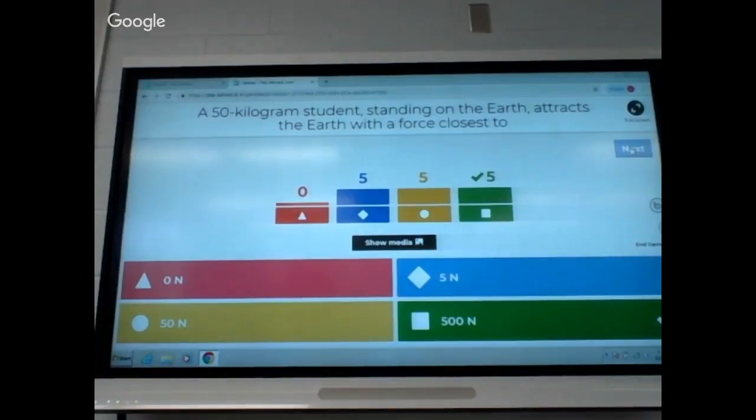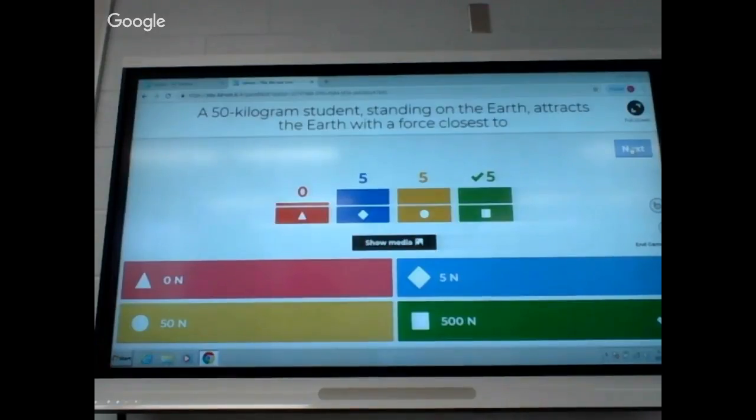Now, when you look at this question, where do you suppose I got that question? Or why it's in the Kahoot game? All the worksheets. It's going to be on the test. So how do you find the answer? Multiply 50 times 9.8. Because what attracts you to the earth? Gravity attracts you to earth.